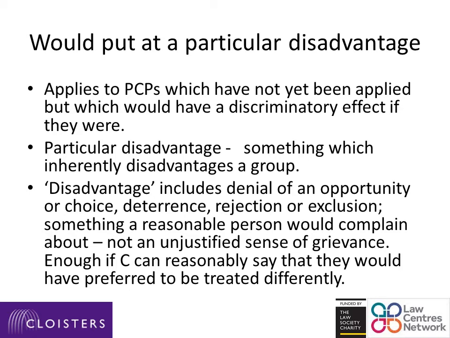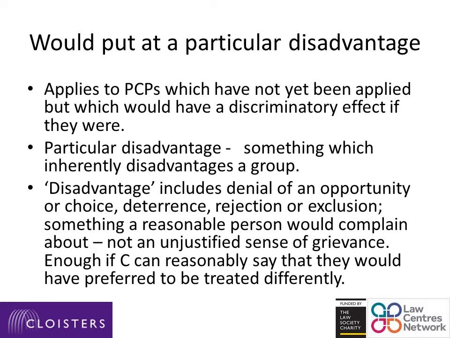What is a particular disadvantage? It stretches from things which inherently disadvantage a group to something where you can show by means, for example, of statistics, that this particular protected characteristic group is disadvantaged. So it stems from the obvious to the ones where you're going to need to prove carefully the disadvantage by means of a statistical analysis.